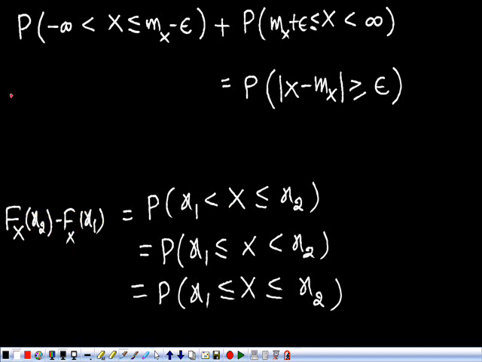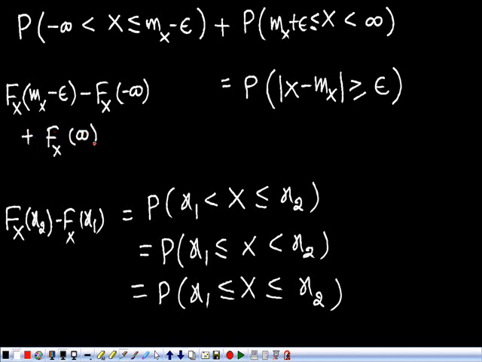Now I can write this as fx of mx minus epsilon minus fx of minus infinity, this one, plus here fx of infinity minus fx of mx plus epsilon is equivalent to this.